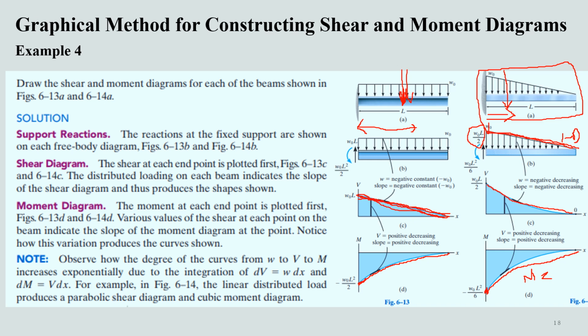So here the change in moment is just equal to the area under the shear diagram, but determining the area under the shear diagram for 2 and 3 degrees is a bit difficult, so we have some easier procedures for determining that, which we may discuss in our upcoming lectures. But for the discussion here, it is worthwhile to understand how we can construct these diagrams for these simpler cases of loadings.